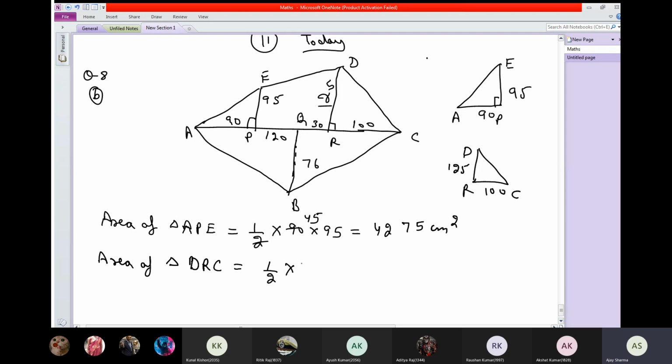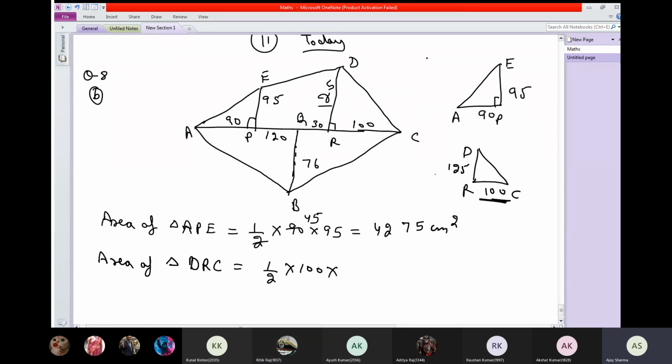Now multiply. What is the base here in this triangle DRC? Any one of you? Base is your 100. And what is the height?